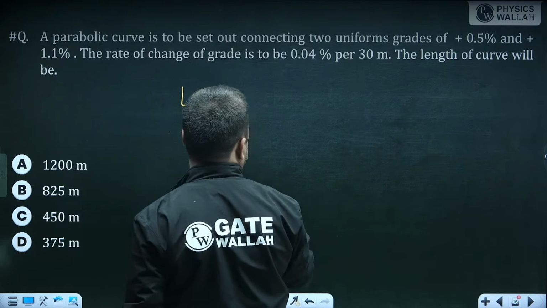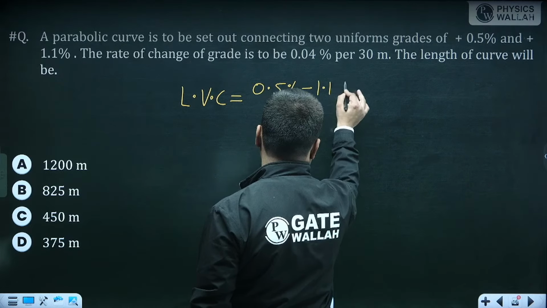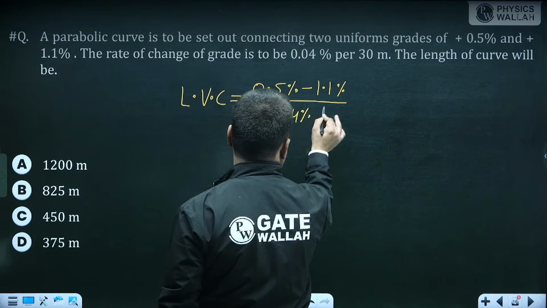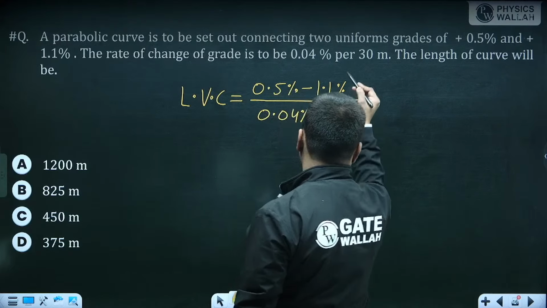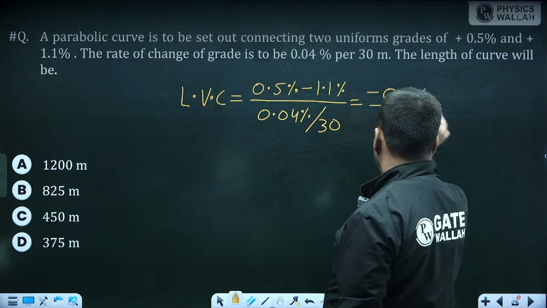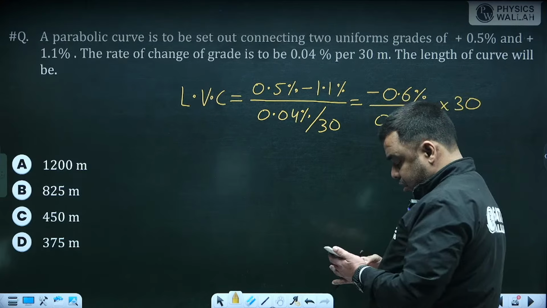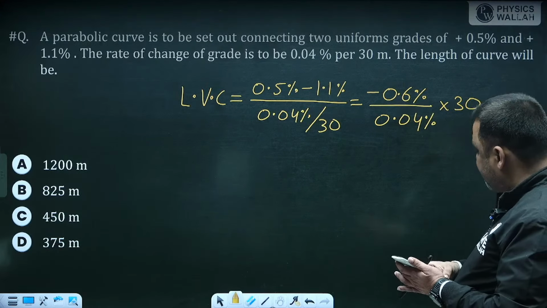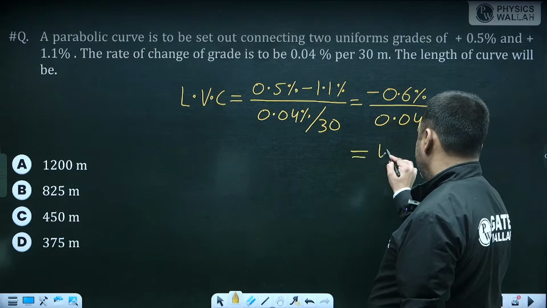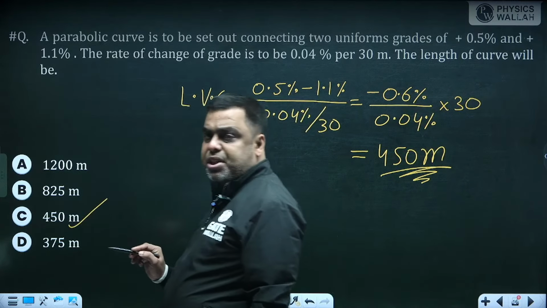The rate of change of gradient, that is 0.5% minus 1.1% divided by 0.04% by 30 meters. So it would be minus 0.6% divided by 0.04% into 30. 0.6 divided by 0.04 into 30. 450 meters. Again, answer would be option C.